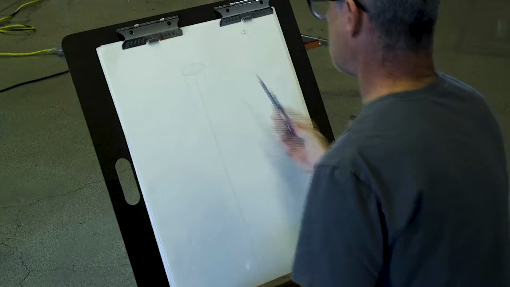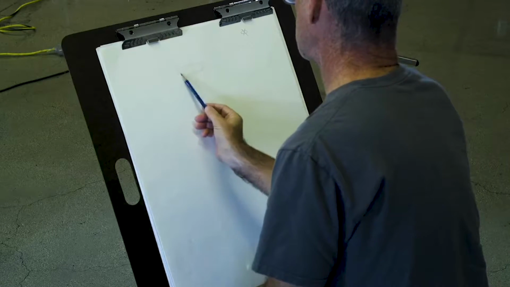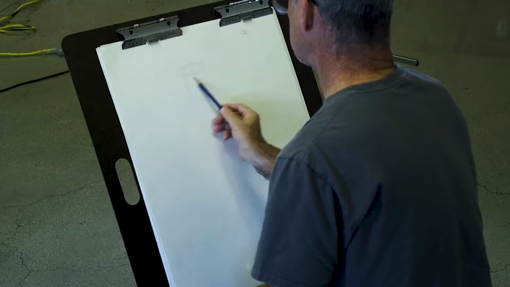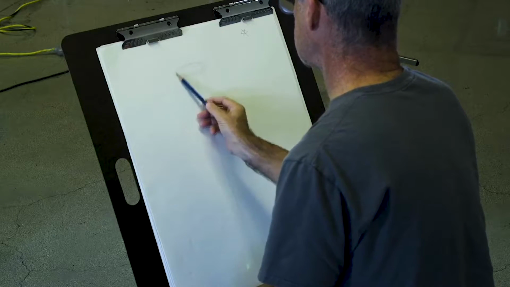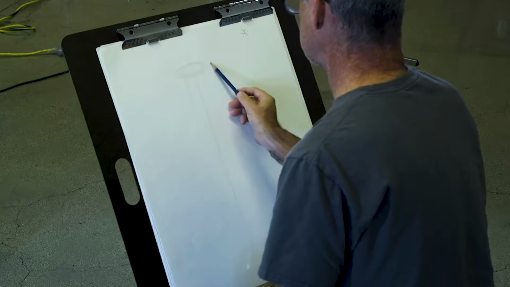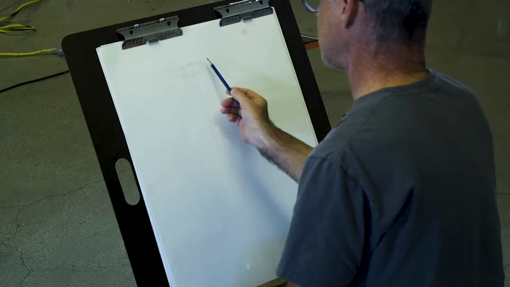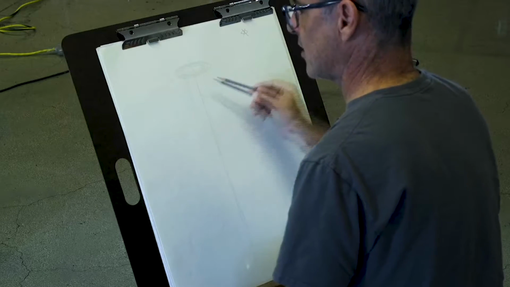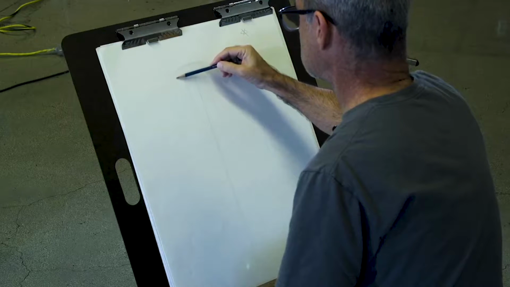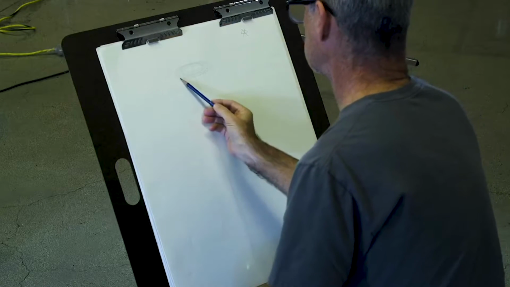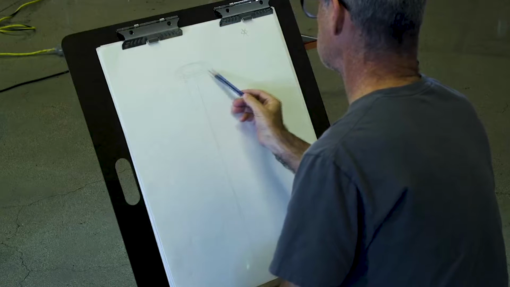And I'm thinking that I want to make this ellipse even bigger because I want the bottle to be bigger. So I'm going to expand that. And I can do that because I drew lightly to start with. If I drew like that, it wouldn't be light enough for me to improve it. There's a thickness to this top ellipse. I'm going to put that in there.